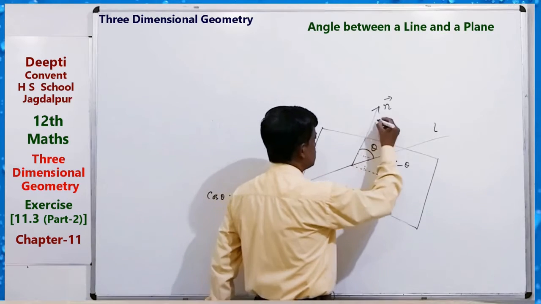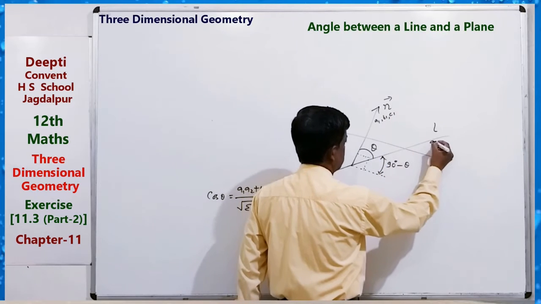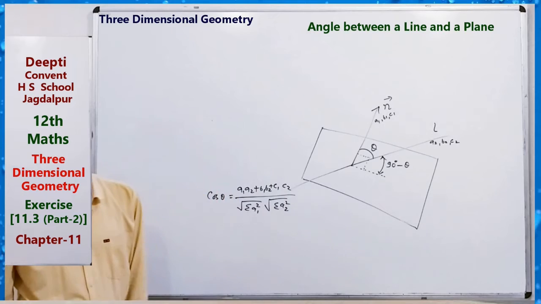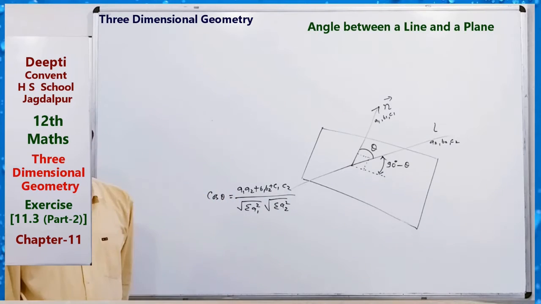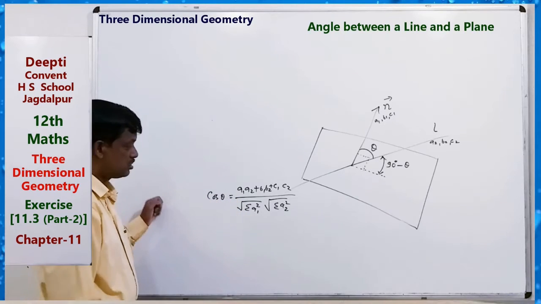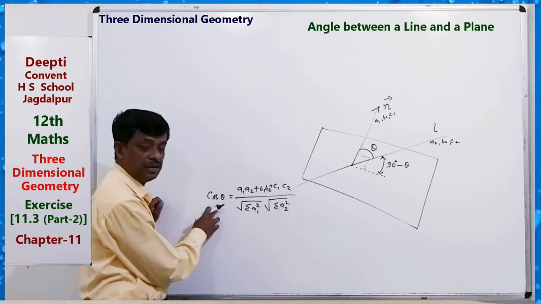Here theta is the angle, this is A1, B1, C1 and this is A2, B2, C2, the direction ratios. Then cos theta equals this. We require the complement of theta, so just put it in place of theta.